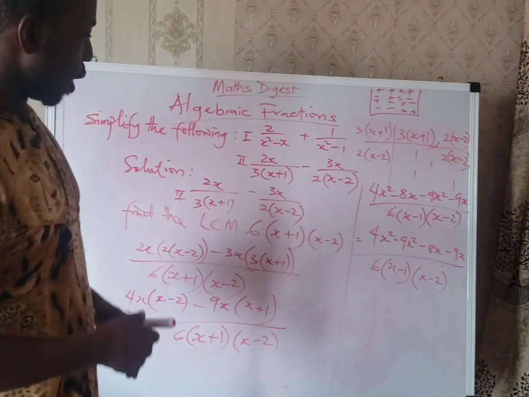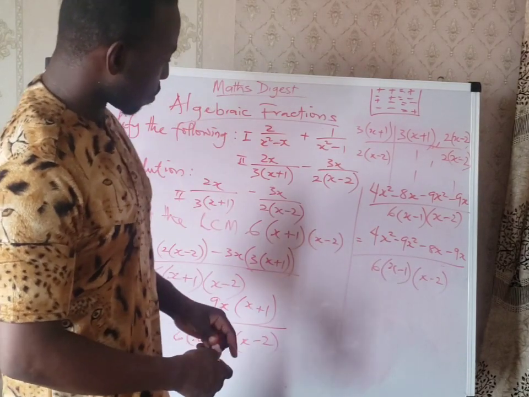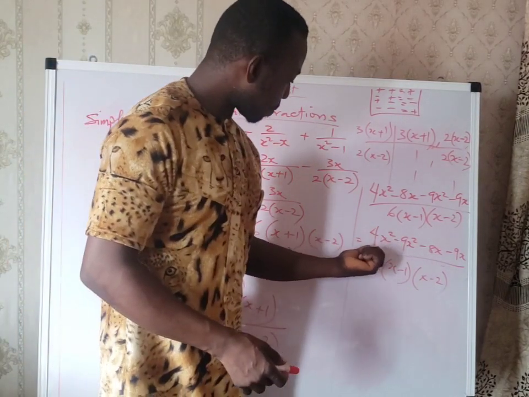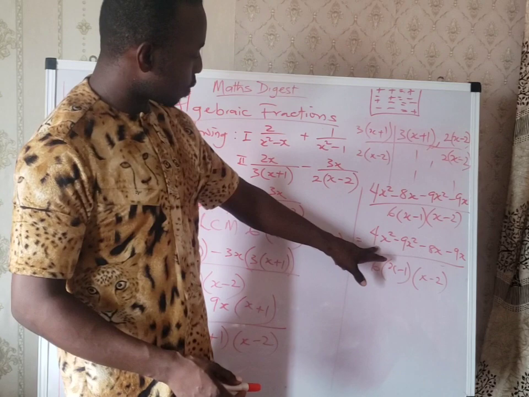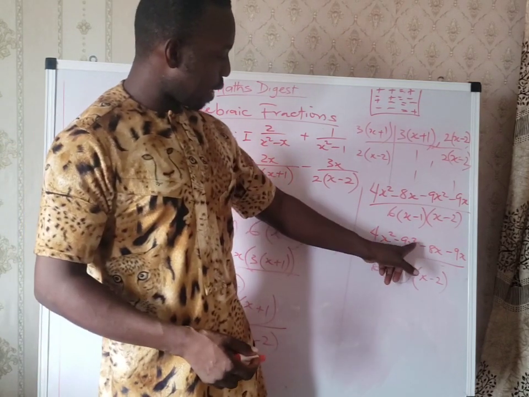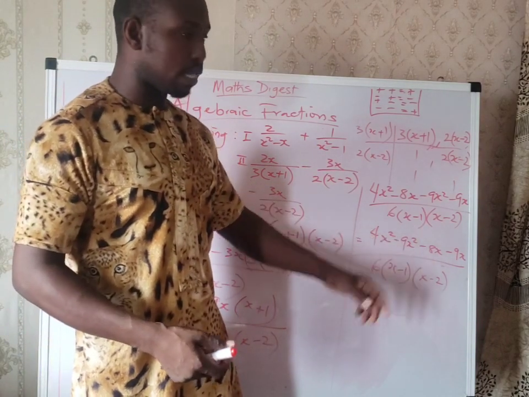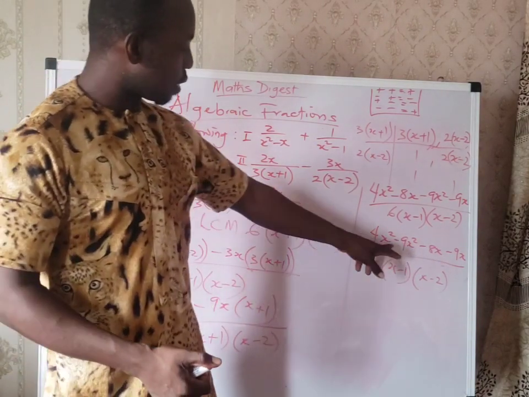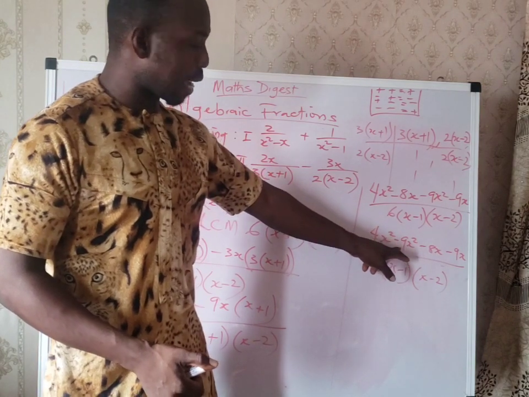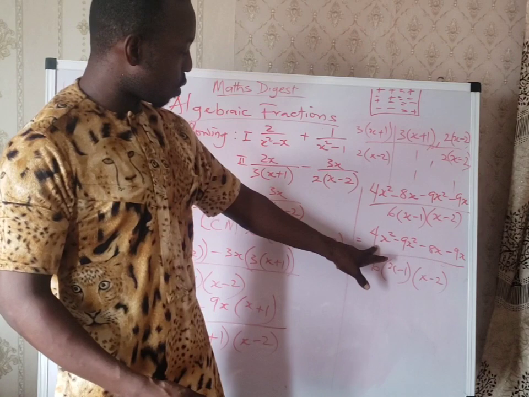So at this point we're going to sort out this. Looking at this, it is 4x raised to power 2 minus 9x raised to power 2. If you look at this, the one that has the negative has a higher coefficient than the other one.